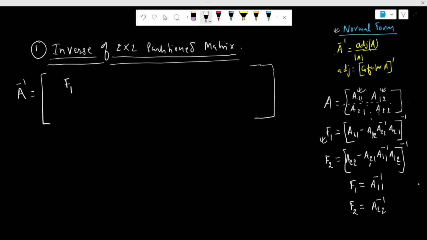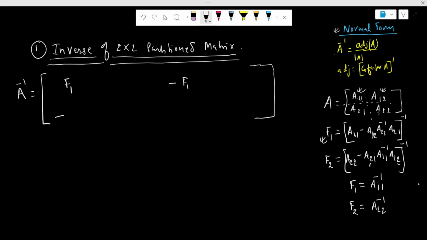Then for the first row and second column, we add the row and column. If the sum is odd, we write minus, and if it is even, we take plus. The sum of the row and column for this position, that is 1, 2, is odd, so we take minus, and we begin with 1, our focal point F1.